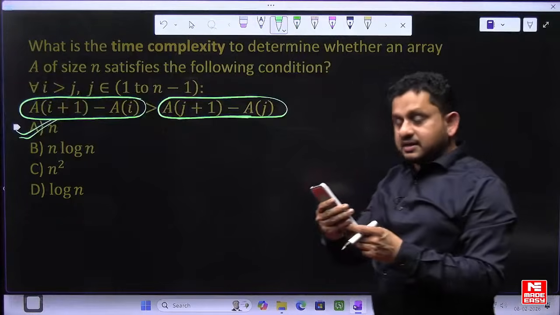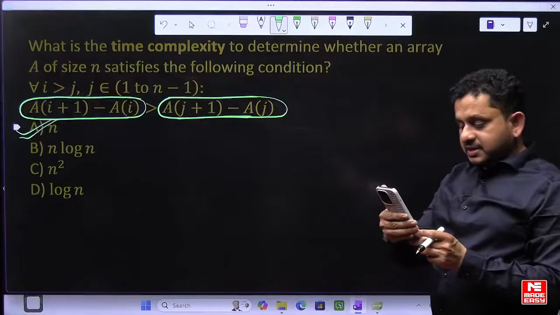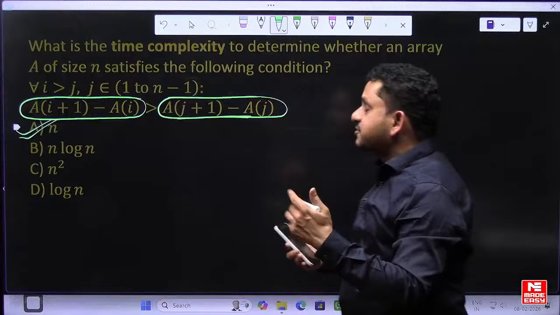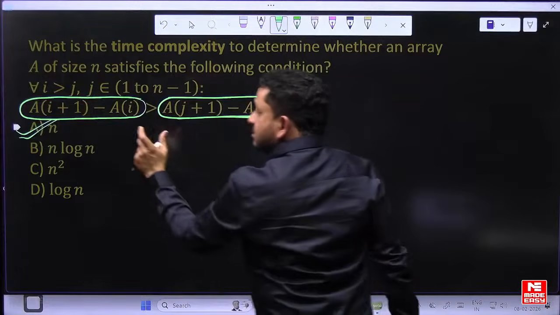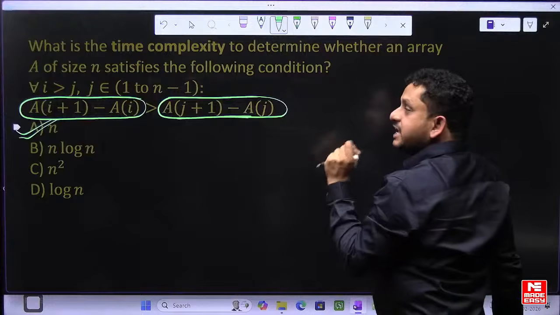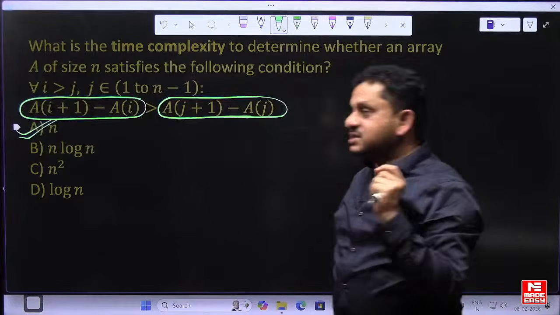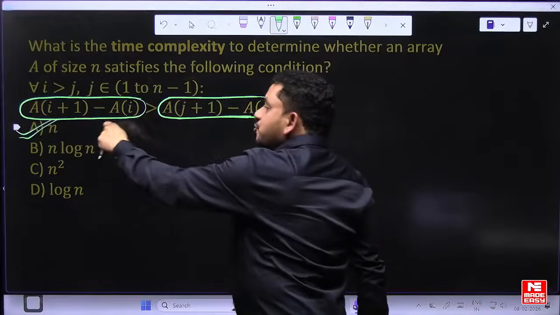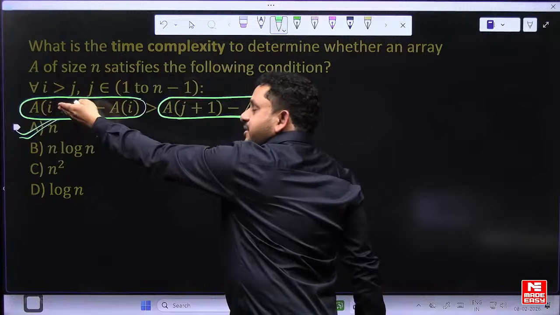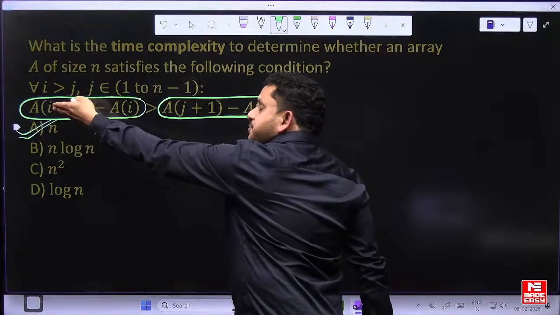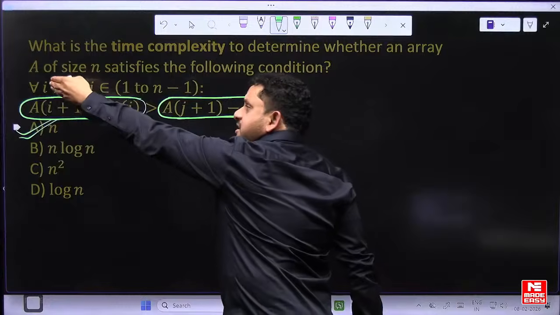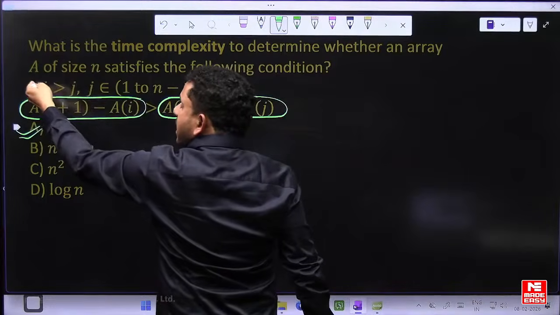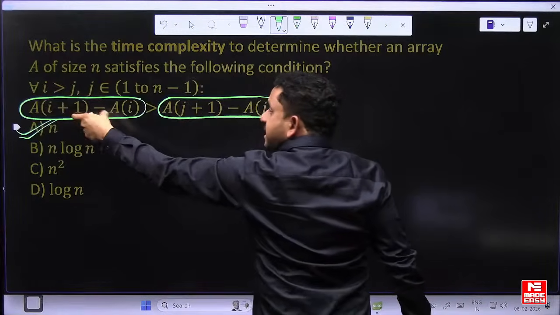I think the detailed algorithm is just required to compute the maximum adjacency difference. One single for loop is sufficient to test whether all subsequent adjacency differences, for all i greater than j, are greater than the previous adjacency difference.